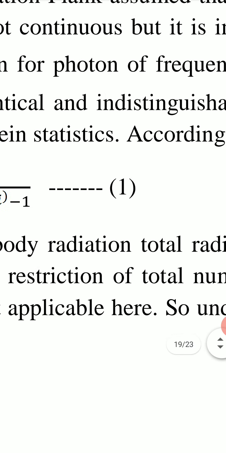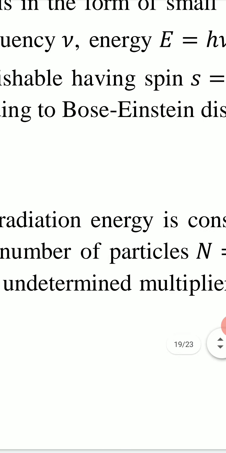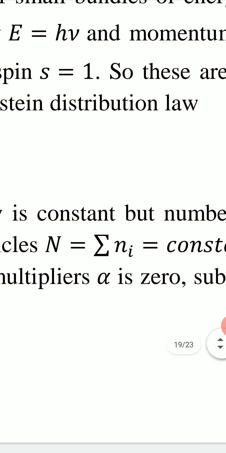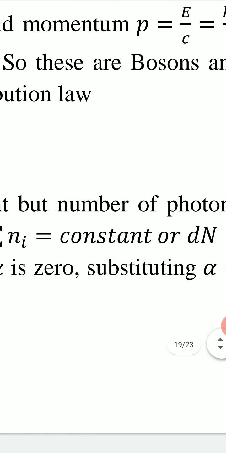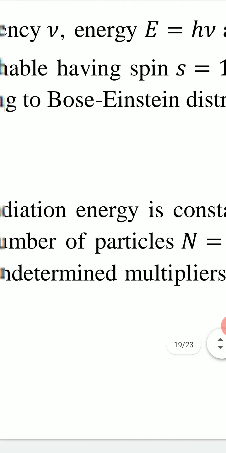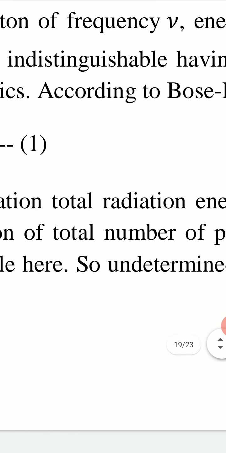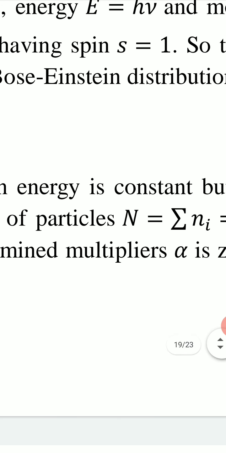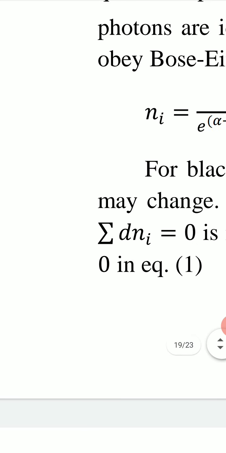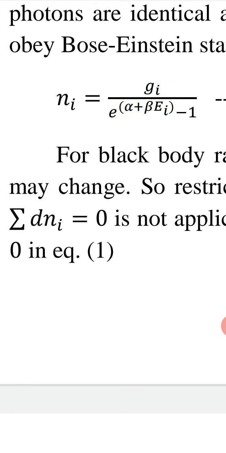Photons are identical and indistinguishable particles having spin s equal to 1. So these are bosons and obey Bose-Einstein statistics. According to the Bose-Einstein distribution law, we have this formula: Ni equal to Gi upon e to the power alpha plus beta Ei minus 1.